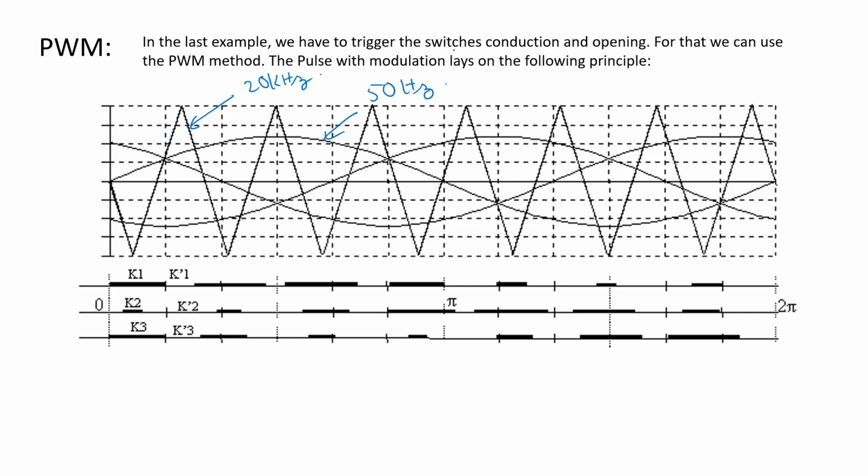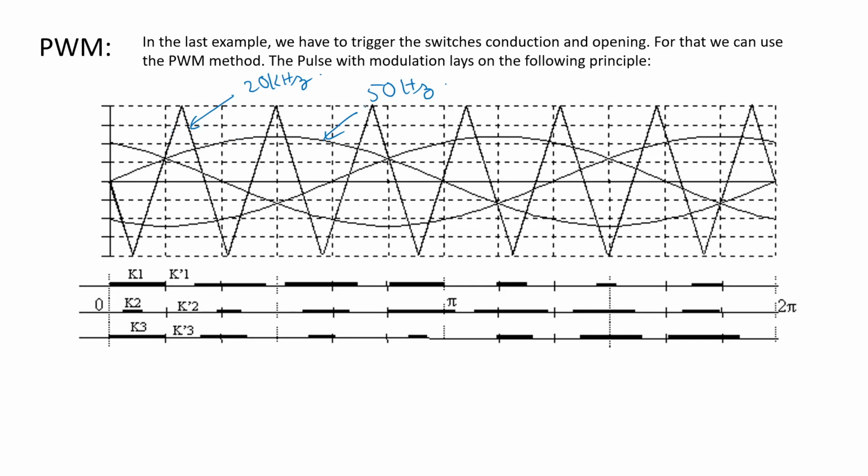Let's say we want 50 hertz to control an AC motor operated at constant speed, like a big drilling machine, which uses 3 phase. A small one does not use 3 phase.